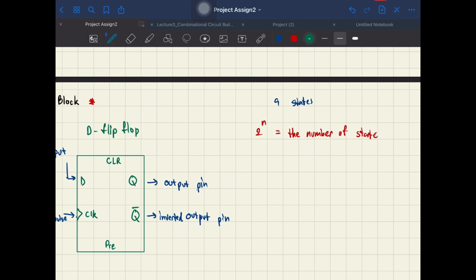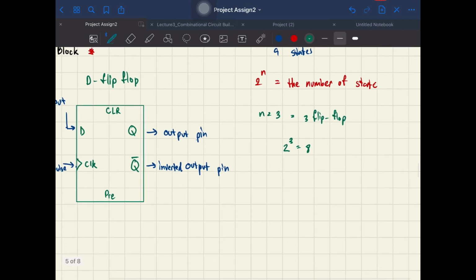If I use n equal to 3, it means 3 flip-flops. But 2 to the power of 3 is only 8, and I have 9 states, so it's not enough. So the flip-flops that I must use in my logic diagram are 16.